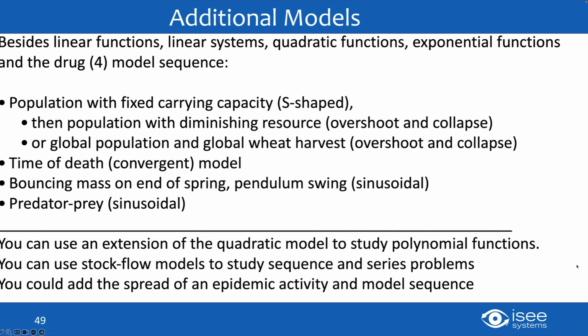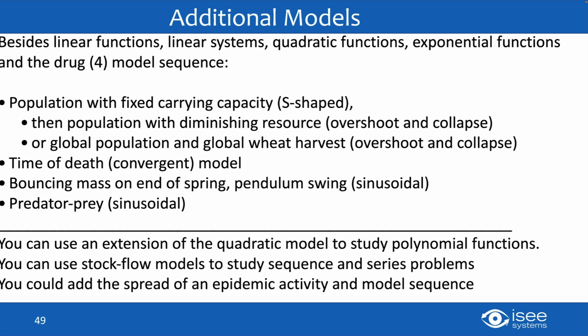After students practice building linear, quadratic, and exponential function models, they build the 4 drug models. Then they build a population model with a fixed carrying capacity, demonstrating an application of S-shaped growth behavior, and either a population model with a non-renewable resource, demonstrating overshoot and collapse behavior, or a global population and global wheat harvest situation, also potentially overshoot and collapse.